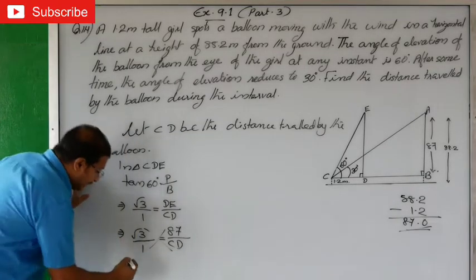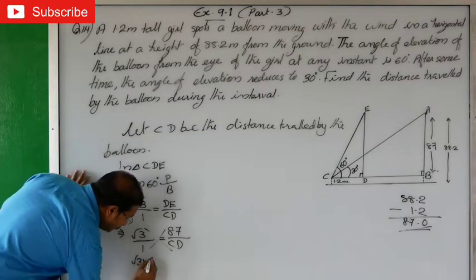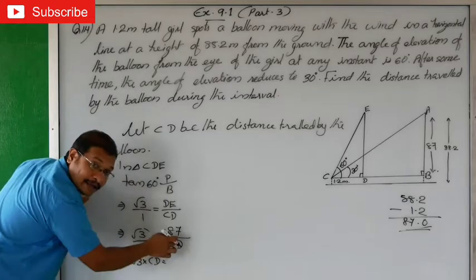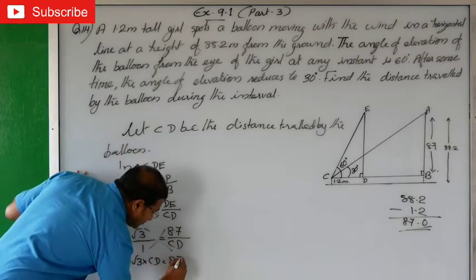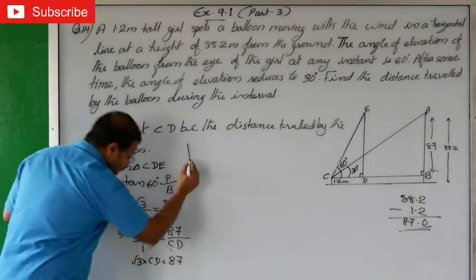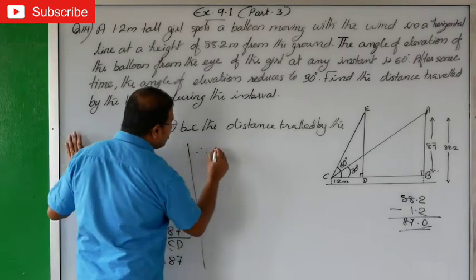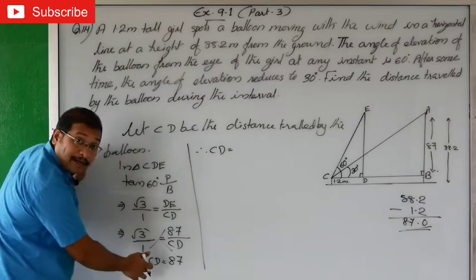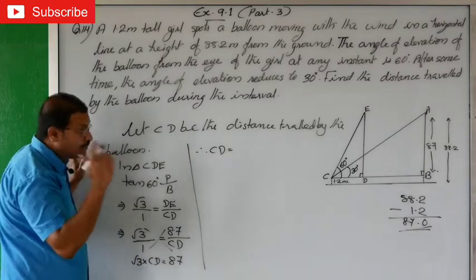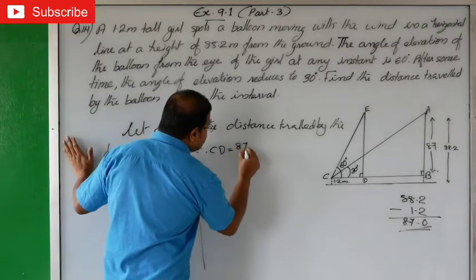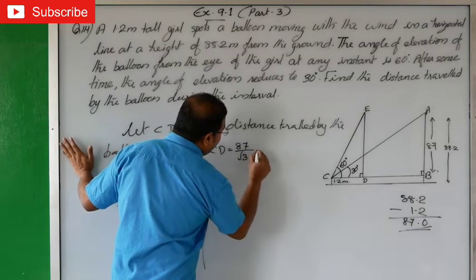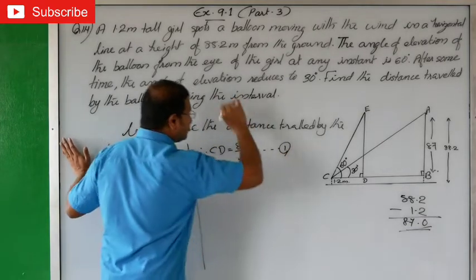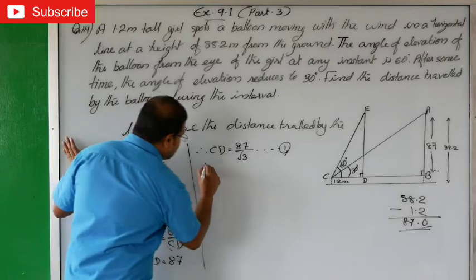That means we'll get root 3 into CD equals 87. Therefore, CD equals, now this root 3 is multiplying, goes to the next side, divide. That means 87 divided by root 3. That's equation number 1.